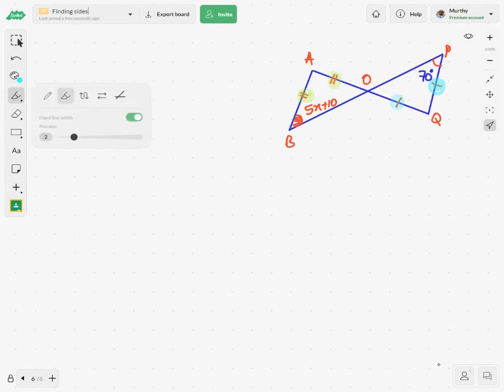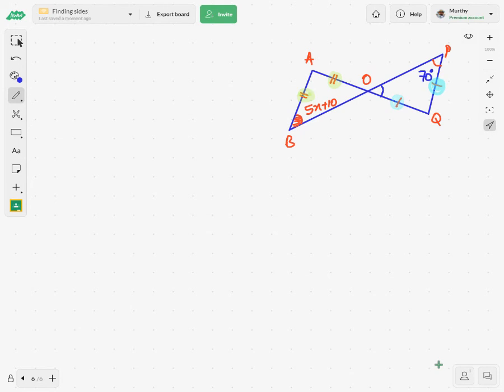You know the isosceles triangle property. If you take an isosceles triangle, let's say that two sides are equal, then the base angles are equal. Now, keeping that in view, PQ equals QO.